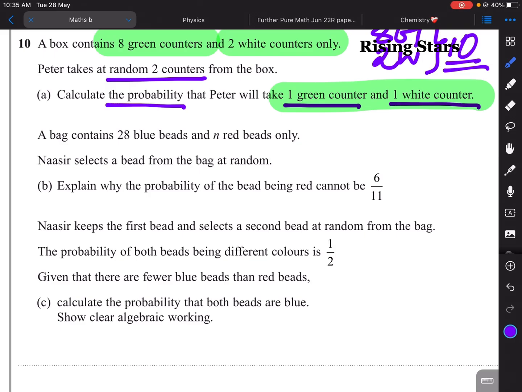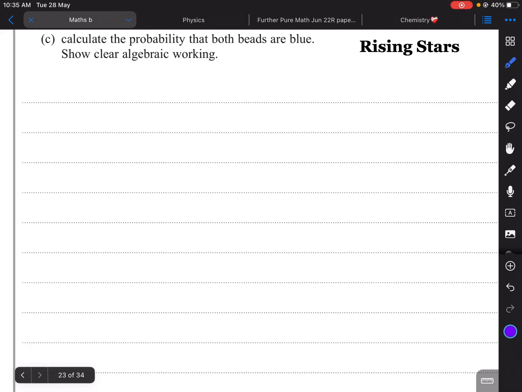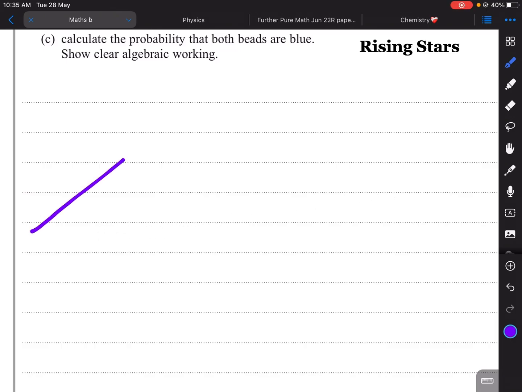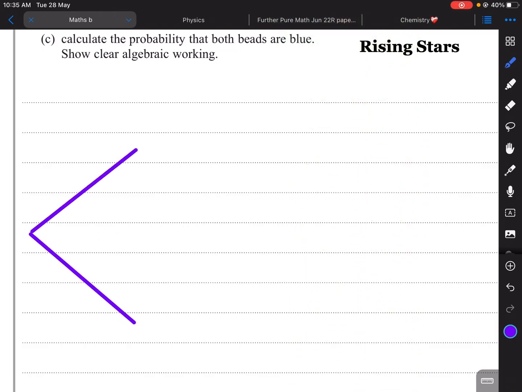আচ্ছা, সো এটারই প্রবাবিলিটি আমাদের বের করতে বলা হচ্ছে। And my suggestion for this kind of problems is to always start drawing with a tree diagram. So in case you don't know what a tree diagram is, it's just a diagram that visually shows the possible probabilities of an event.